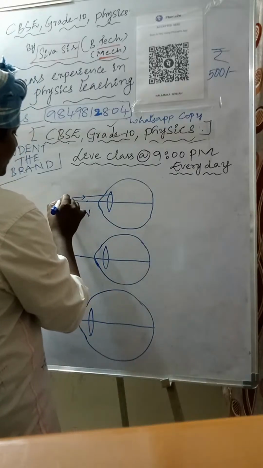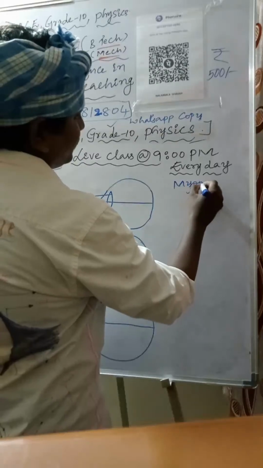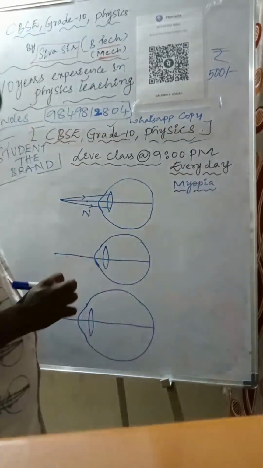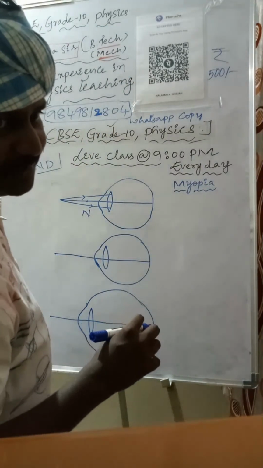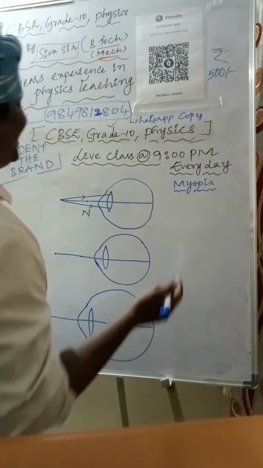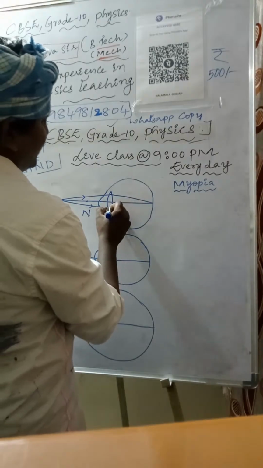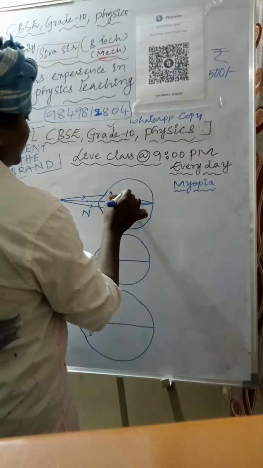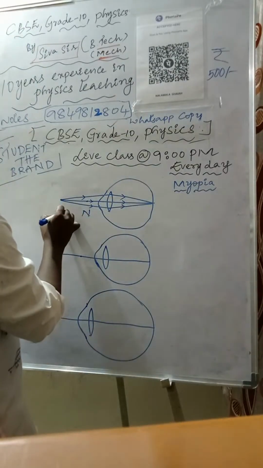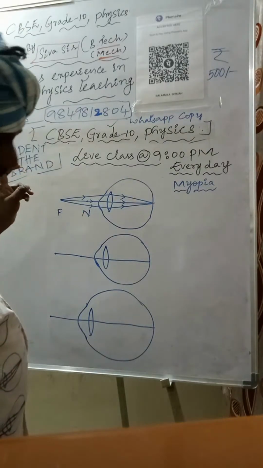So this is the near point I'm taking, the 25 centimeter near point. This is myopia I'm talking about. And here I'm considering the far point.